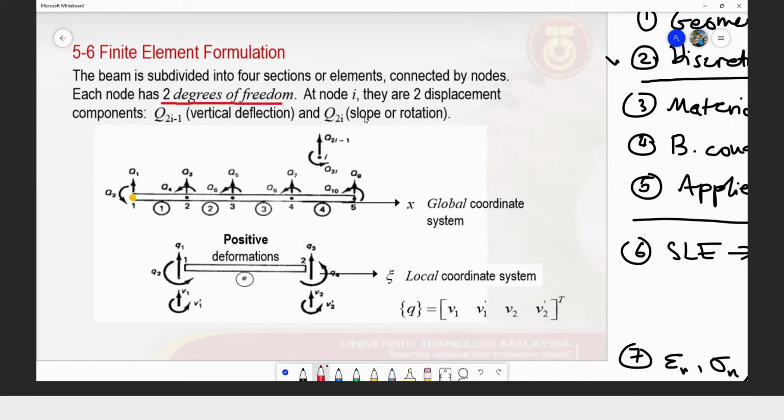But other than this, kamu boleh pakai instead of Q, kamu boleh pakai U and V jugalah. U to represent vertical displacement, V to represent the rotation. Let's say pada node 1, kita ada vertical deflection dengan rotation pada node 1.